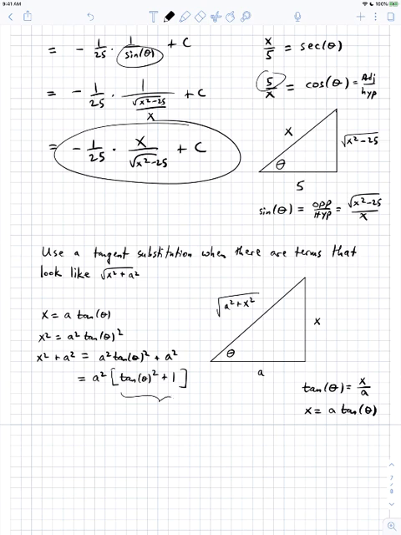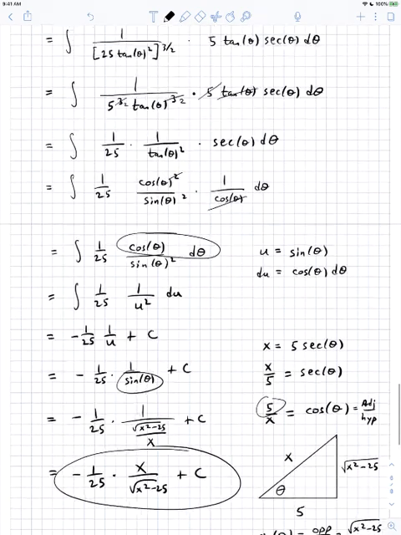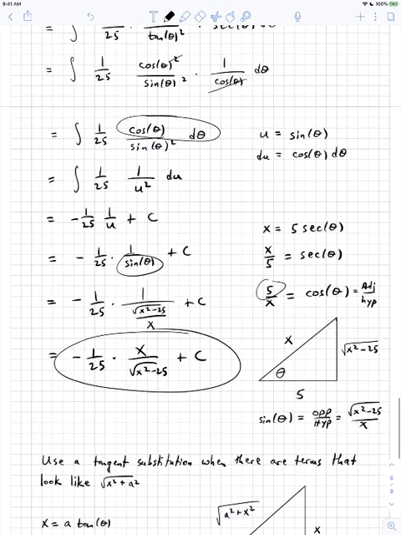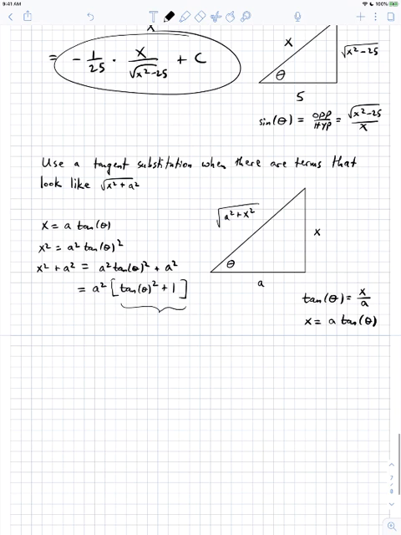And this should look familiar because we saw that just up here, where tangent squared plus 1 is secant squared. So we have a secant squared here. So once again, we've taken our x squared plus a squared and we've made it look like a perfect square, secant squared, and there's an a squared in front.